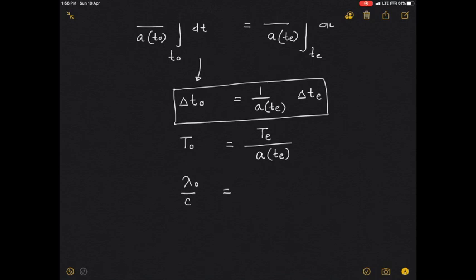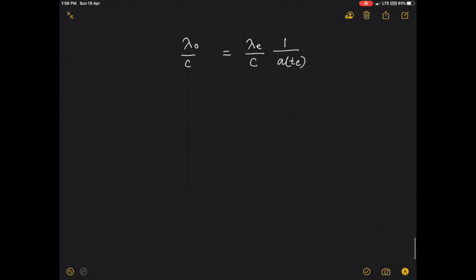Similarly, if I write the same thing in terms of lambda, so this is lambda 0 by c equals lambda e by c times 1 by a(te).